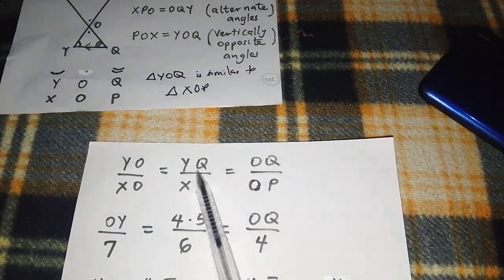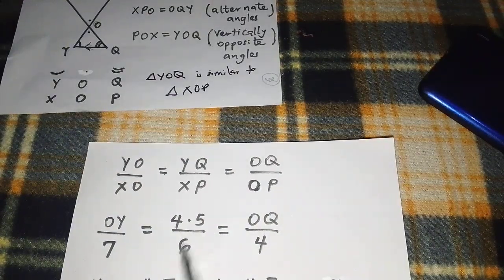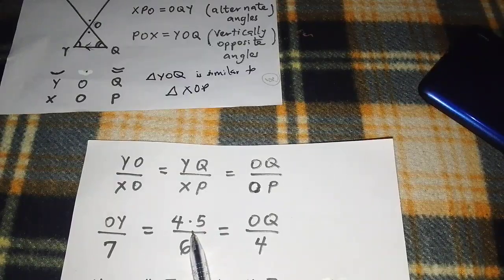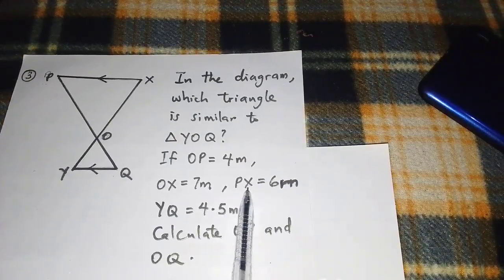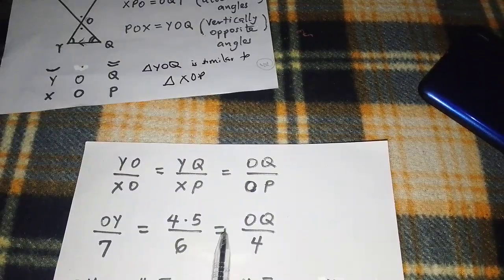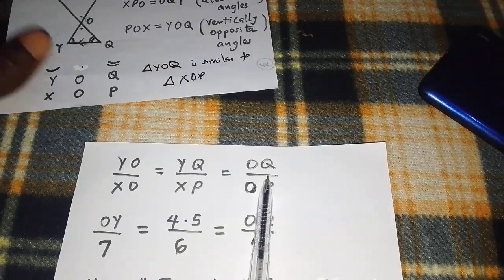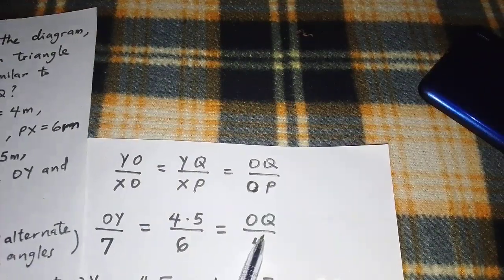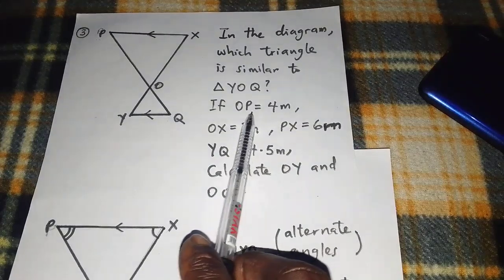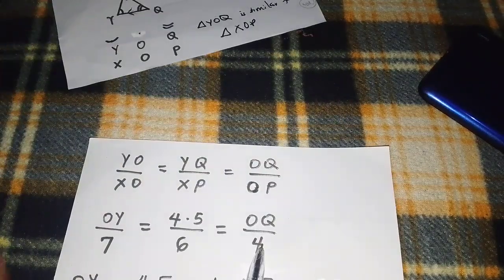Then YQ is 4.5 over XP, and XP is the same as PX in the question, that's 6 meters, is equal to OQ, which we are told to look for, over OP. OP is 4 meters, so that is 4.